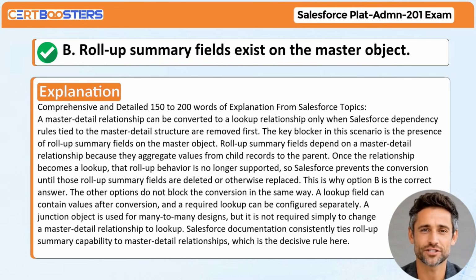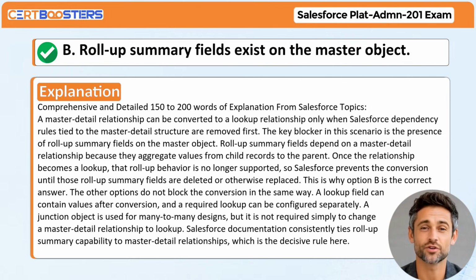Roll-up summary fields depend on a master detail relationship because they aggregate values from child records to the parent. Once the relationship becomes a lookup, that roll-up behavior is no longer supported, so Salesforce prevents the conversion until those roll-up summary fields are deleted or otherwise replaced. This is why option B is the correct answer.